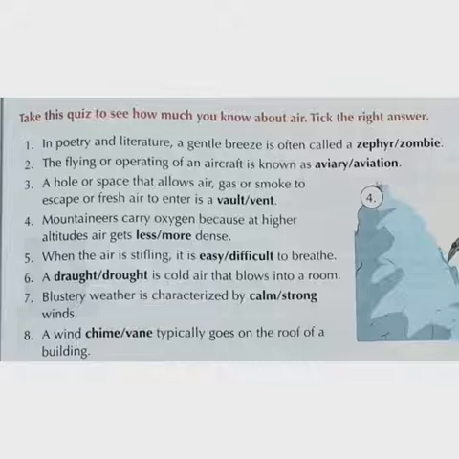In poetry and literature, a gentle breeze is often called dash: zephyr or zombie? In poetry and literature, the poet described a gentle breeze as zephyr. A gentle breeze means a slight wind, not a cool breeze.